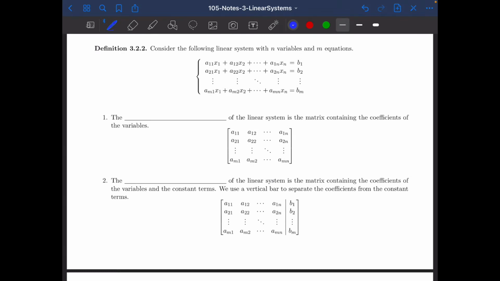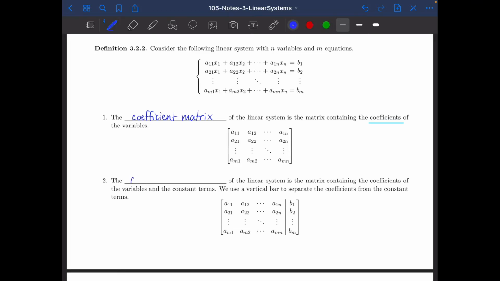Next, we'll define 4 special matrices related to systems of linear equations. In definition 3.2.2, we consider the following linear system with n variables and m equations. The coefficient matrix of the linear system is the matrix containing the coefficients of the variables.